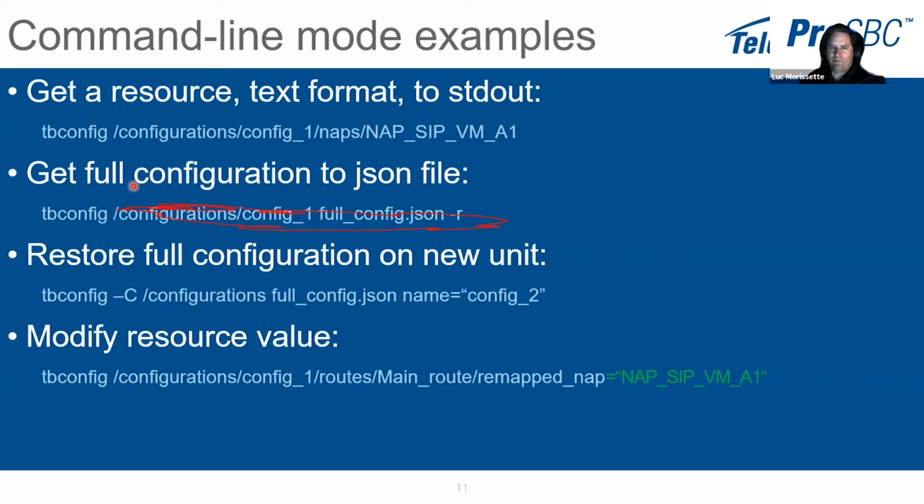If you want to get the full configuration to a JSON file, you can do something like this: tbconfig /configuration/config1. So that's the configuration you want to download, and then you give it a name. Here the name is fullconfig.json, and -r means recursive. Okay.